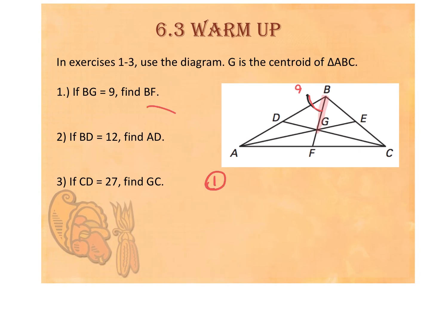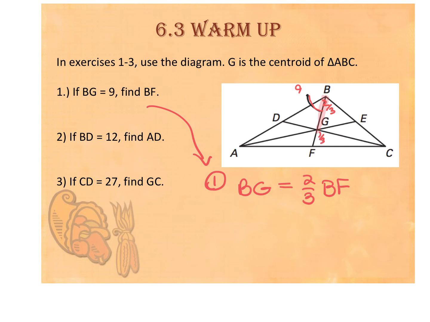So for number 1, I can set up an equation and say that BG is equal to 2/3 the length of the whole median. Because again, remember, the point where the medians all meet is called the centroid. So I learned that the BG length is 2/3, and then GF is the 1/3 portion of the median.